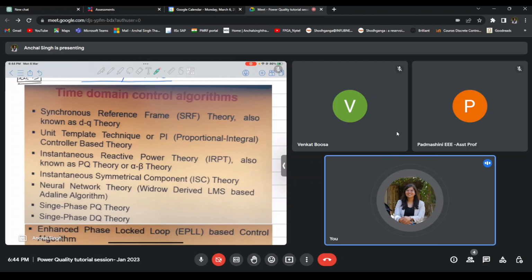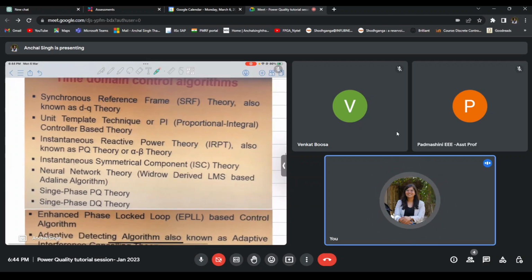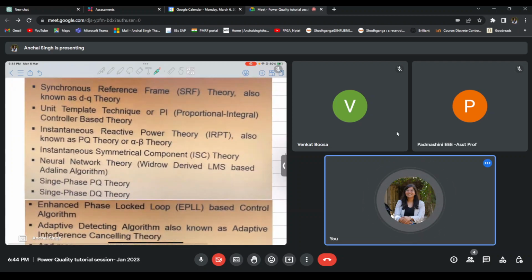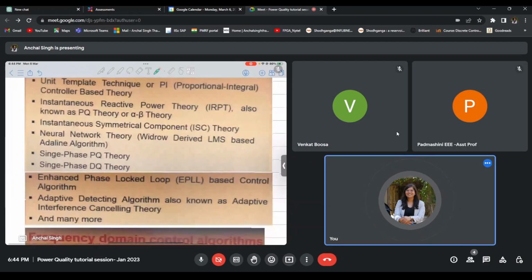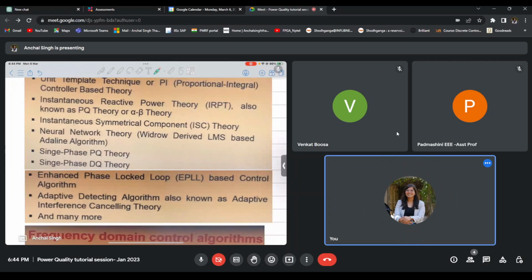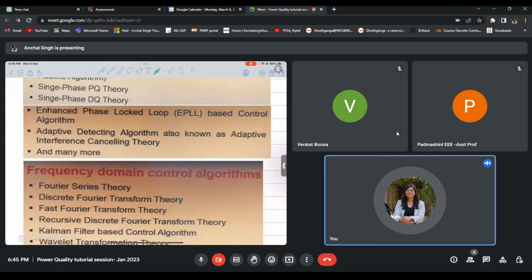A few examples of time domain control algorithms are synchronous reference frame based control algorithms, then the unit template technique. We have seen a brief about almost all these techniques before. Then there are instantaneous reactive power theory, instantaneous symmetrical component theory, neural network theory, single phase PQ theory, single phase DQ theory, etc. And then there is enhanced PLL, that is, enhanced phase lock loop based control algorithm.